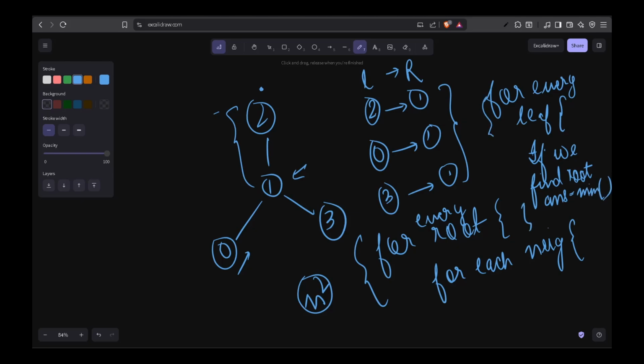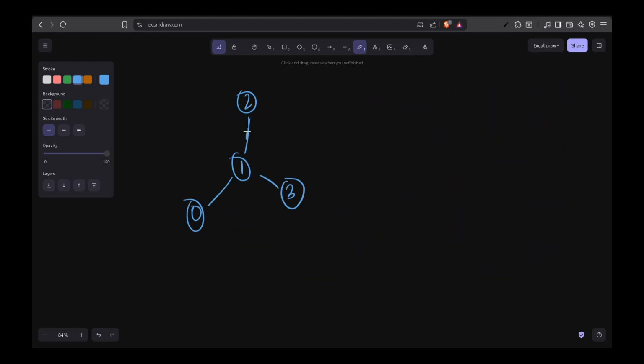So in this case, we only have to do a single traversal of complexity n, right? So that's why we will start traversing from the leaf towards the root. So one thing that we have understood is, instead of traversing from each root to each leaf node, we should traverse from leaf to root, and along the way we should keep updating the answer, right?